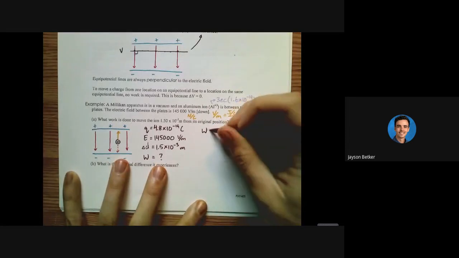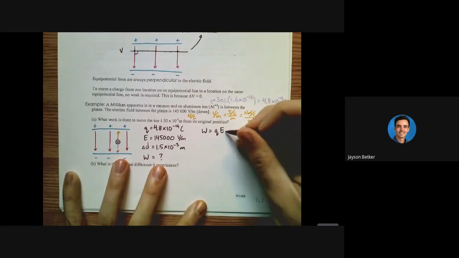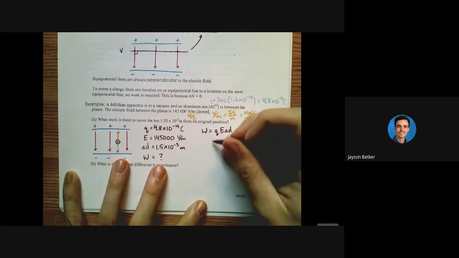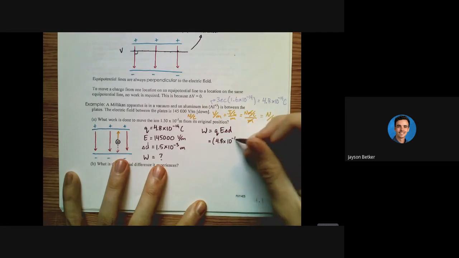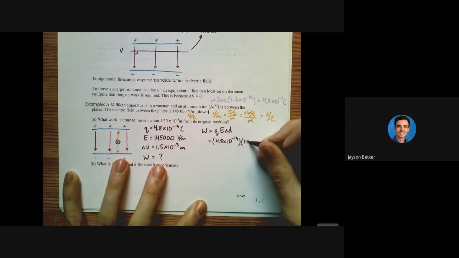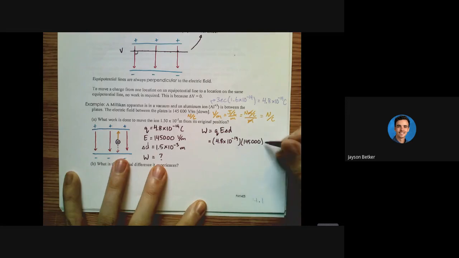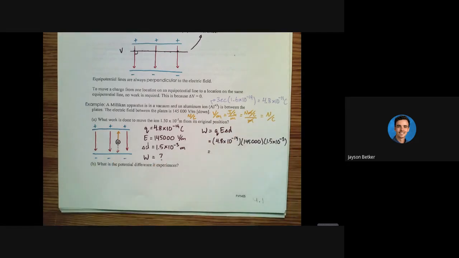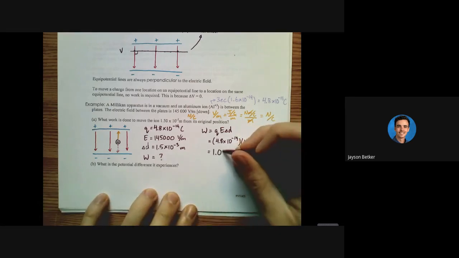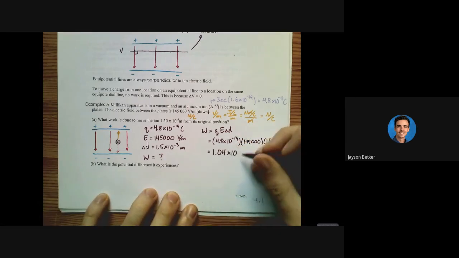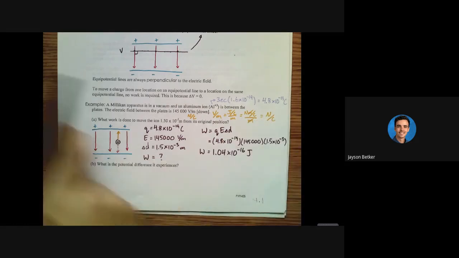So W equals Q times E times delta D. So let's plug in all of our values, 4.8 times 10 to the negative 19 times 145,000 times 1.5 times 10 to the negative 3, which is equal to, if we plug all that into our calculators, 1.04 times 10 to the negative 16 joules of work required.